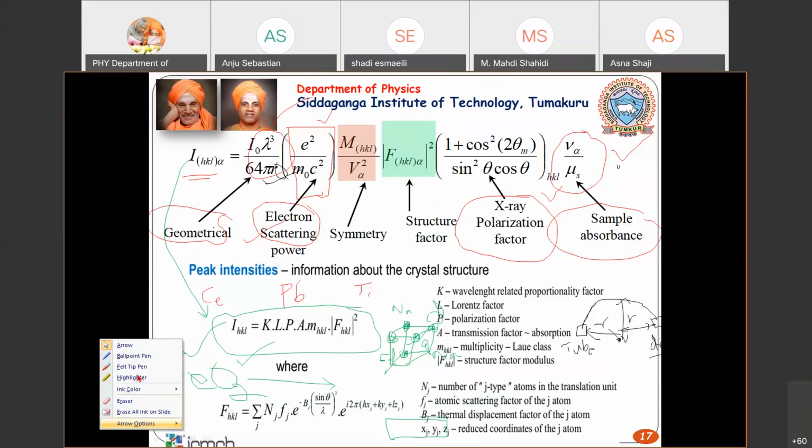Then you combine those 7 systems with the Laue class, crystal class, and lattice centering. Lattice centering is mainly the symmetry operation that you can have. In some cases you can have mirror symmetry, you can have inversion symmetry, all those things. Considering all of them, you can have 230 space groups.